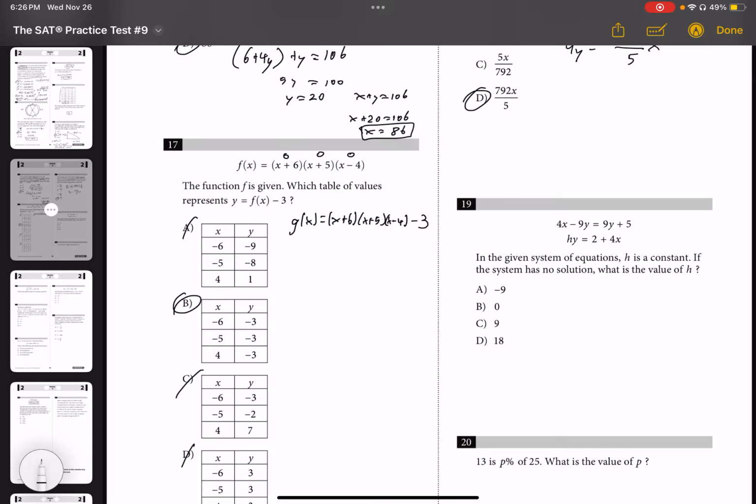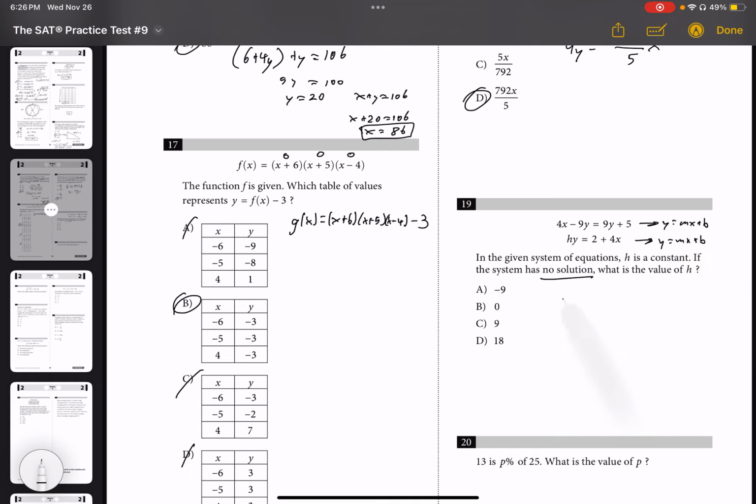Question 19. In the given system of equations, h is a constant. If the system has no solutions, what is the value of h? Okay, so if we're looking for a system with no solutions, we are going to set everything equal to one side, our y's and x's, so we have the form y equals mx plus b for both equations.